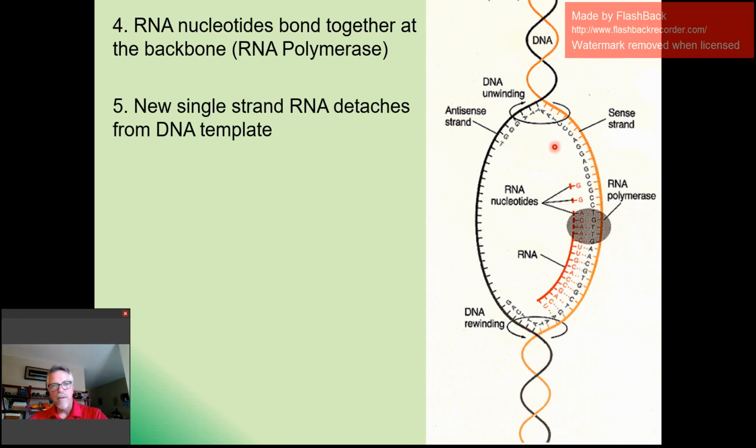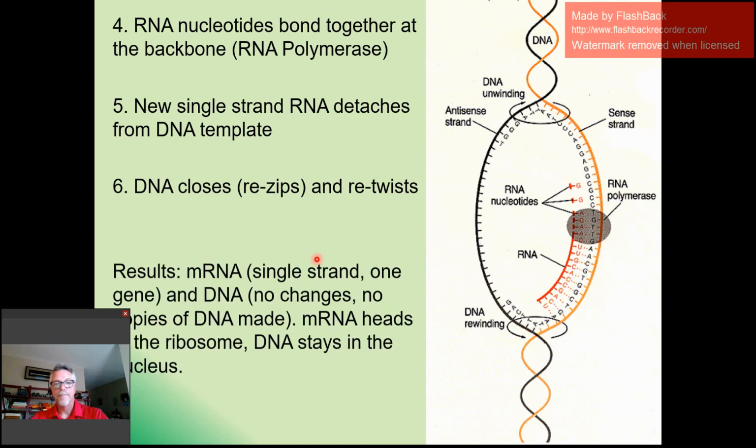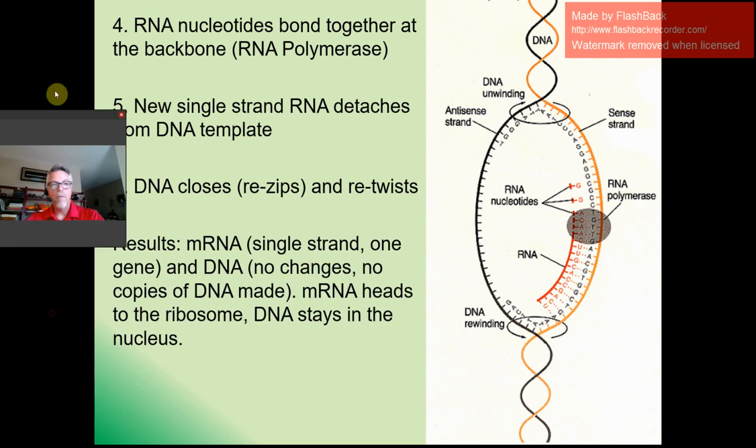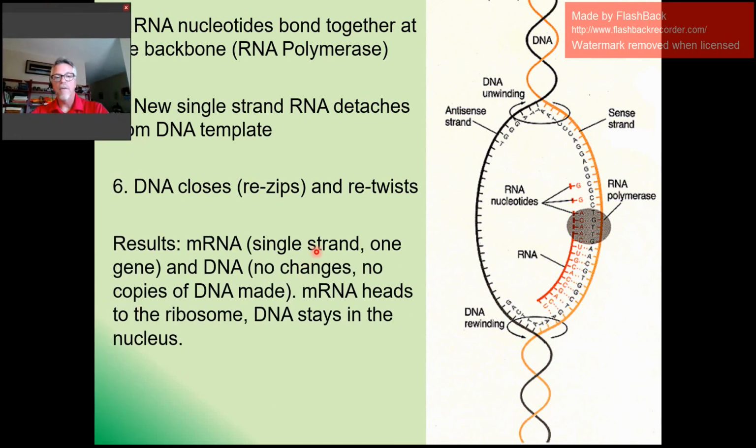After you've completed the entire message, the new single-stranded RNA will detach itself, and the DNA will close up, rezip itself, retwist itself, and the process of transcription is complete. What we end up with is a single-stranded mRNA, which just corresponds to the one gene that you need a protein for.